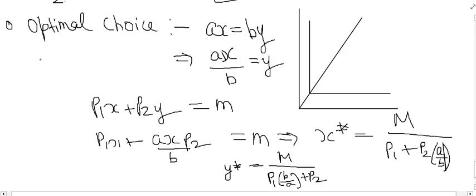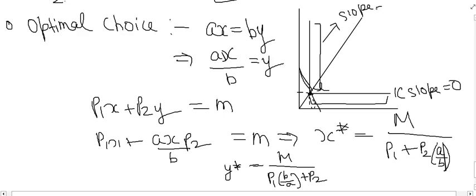The optimality condition talks about this very point where ax equals by, and this lies on the budget line also. This is the equilibrium condition. Now we can see, since this is the IC, at this segment the slope equals 0. So MRS is 0 at this segment, and at this segment the slope equals infinity.